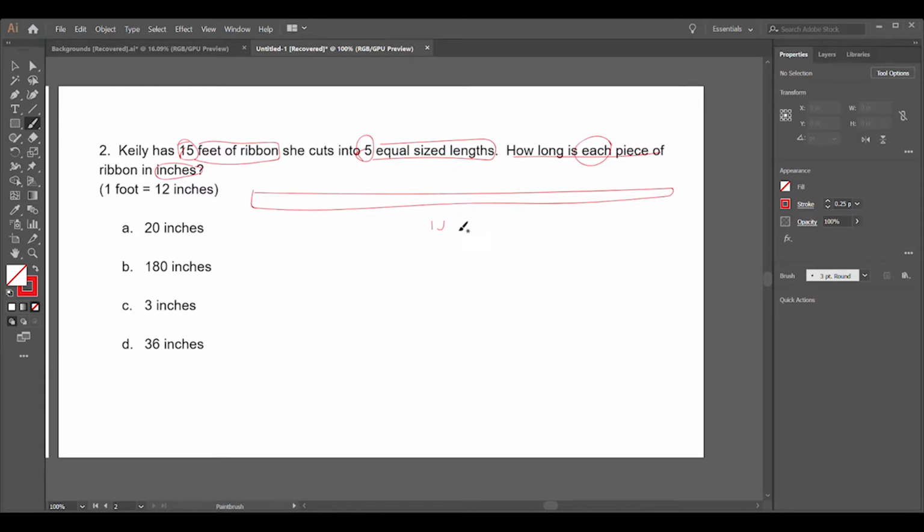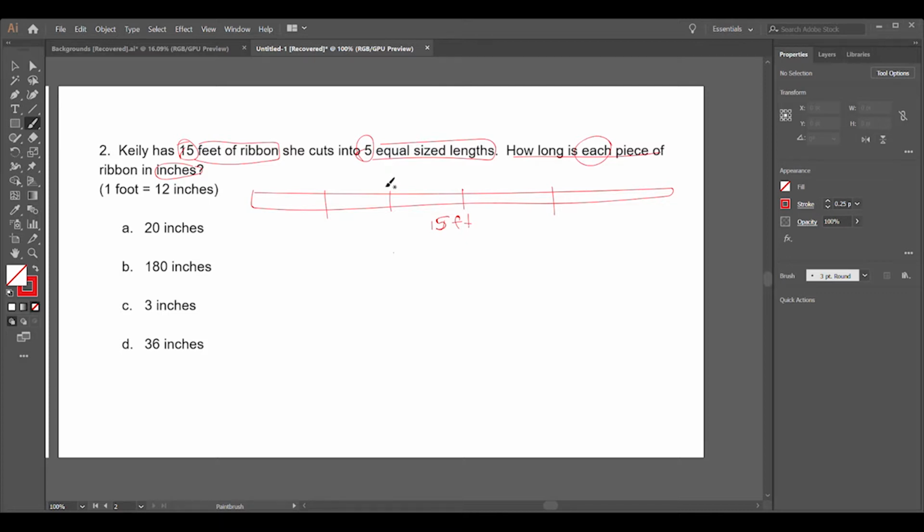I'm going to cut it into 5 equal size pieces: 1, 2, 3, 4, 5. Now, I know that's not equal, but it's just a visual to help me do the math and think this out. Okay, so I've cut this into 5 equal size pieces.